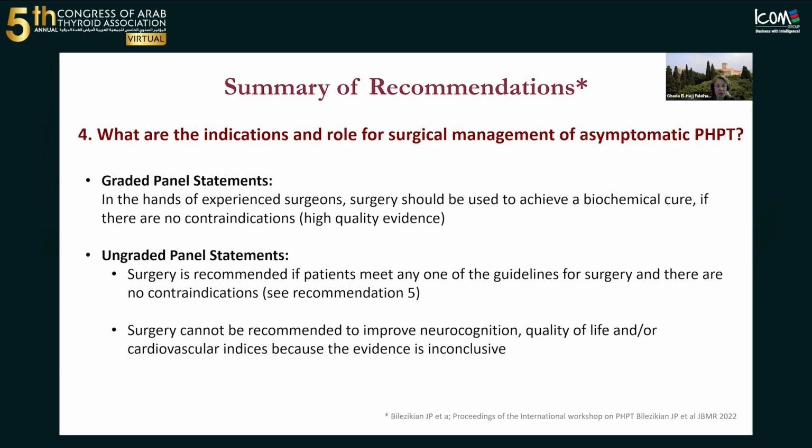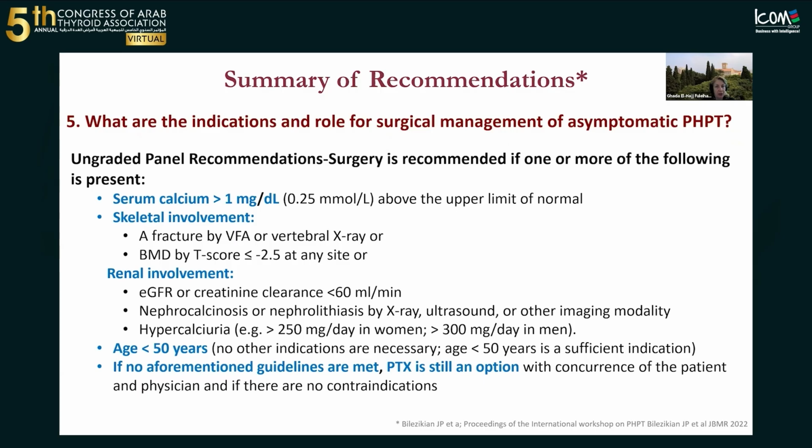High quality evidence, it's a graded statement. Surgery is curative in patients with established hyperpara. The ungraded panel is surgery is recommended if the patient meets any one of the guidelines for surgery that I'll share in a minute and has no contraindications to surgical intervention.